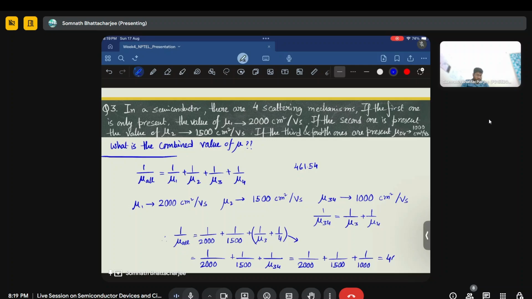And the value comes out to be 461.5384. We can write it as 461.54, let's say. So this is the value.